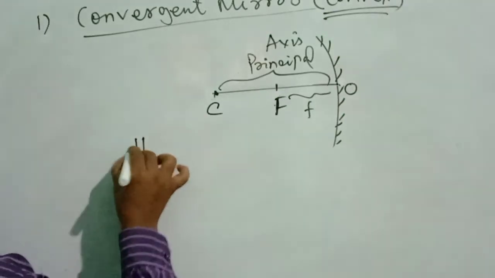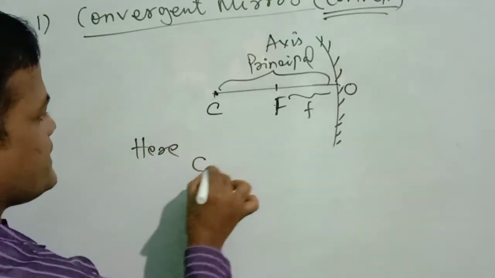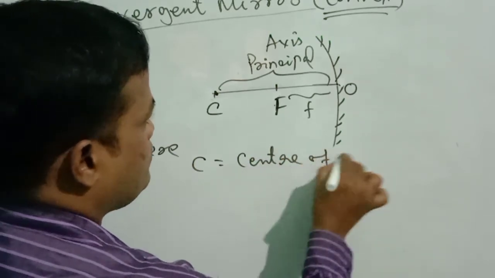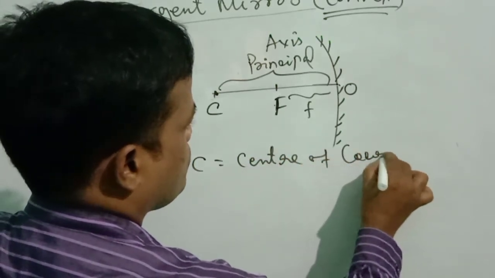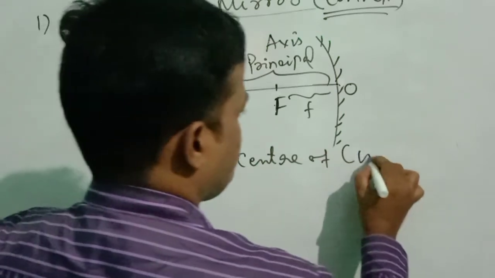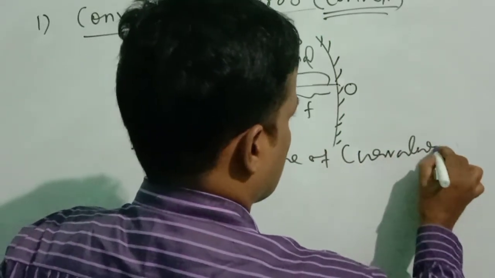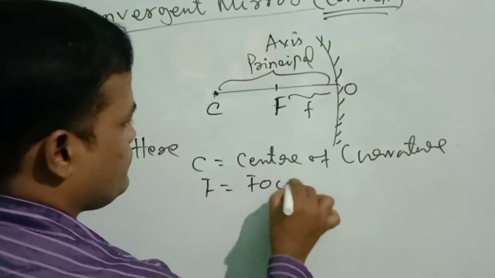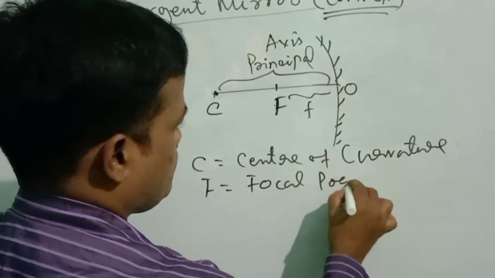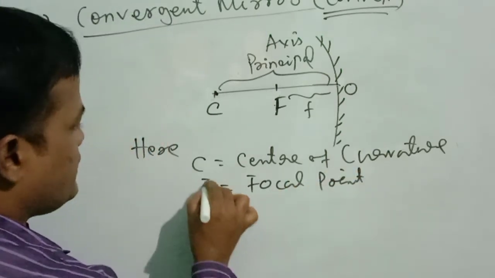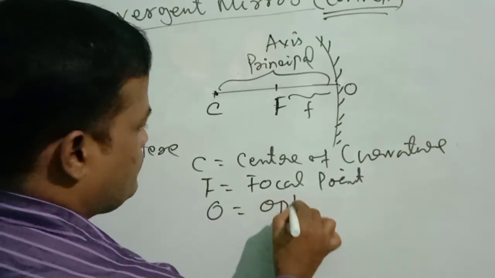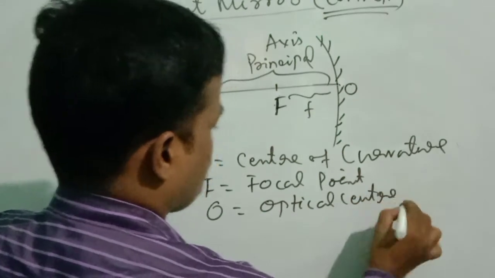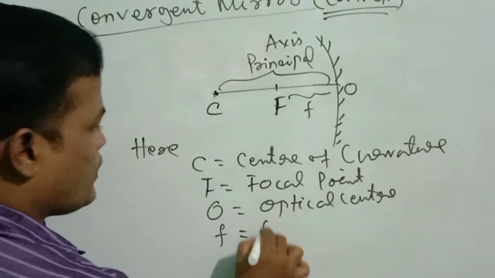Here C is the center of curvature, F is the focal point, O is the optical center, and F is the focal length.